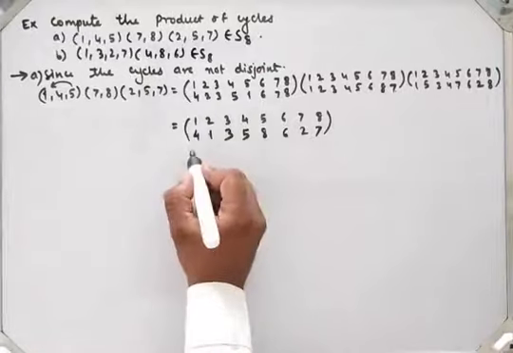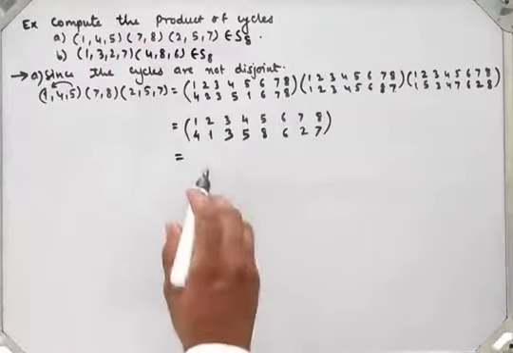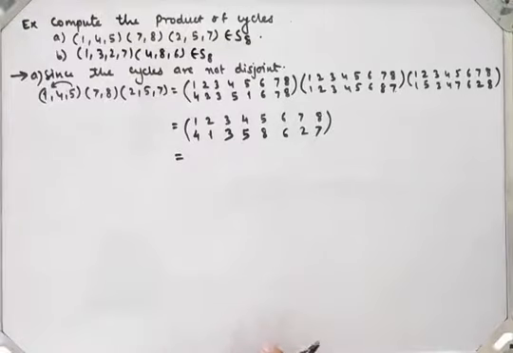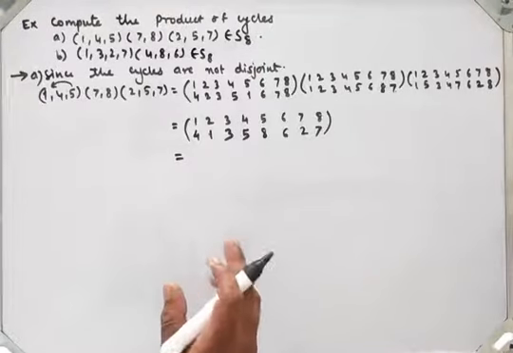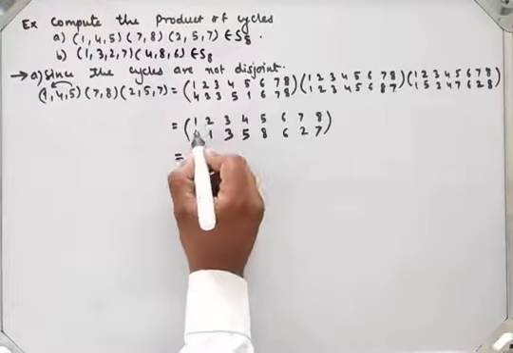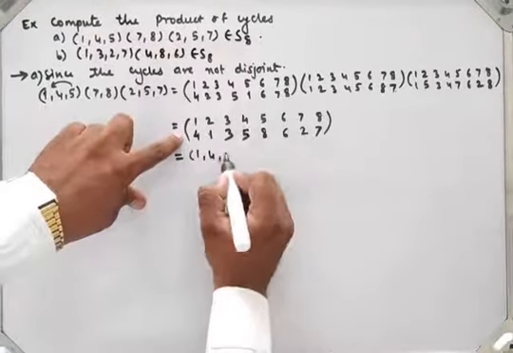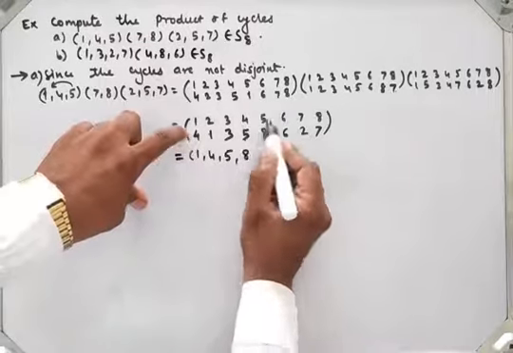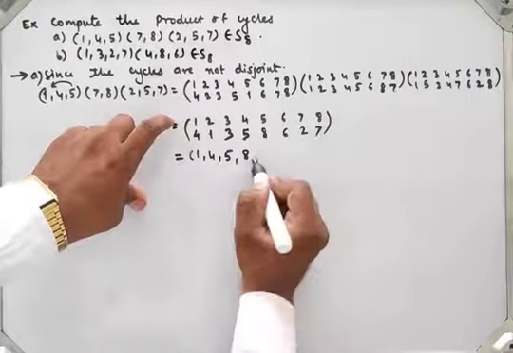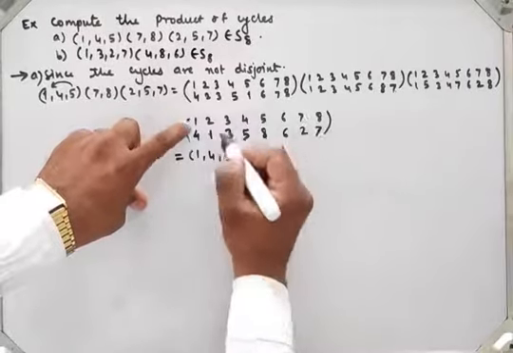These are not disjoint cycles, so from this we have to find the disjoint cycles. So what will we get from that? 1 goes to 4, 4 goes to 5, 5 goes to 8, 8 goes to 7, 7 goes to 2, 2 goes to 1.